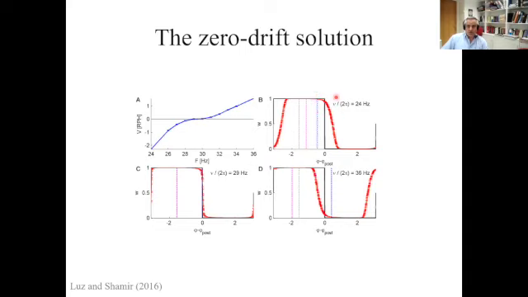However, for a frequency of 24 hertz, this ends up being a bit on the negative side. So essentially, what will happen for 24 hertz is that this will be inconsistent and it will pull the phase of the postsynaptic neuron to the left, which in turn will pull the synaptic weight profile to the left. So we will end up with a negative drift velocity, and we'll have a synaptic weight profile that looks like this.